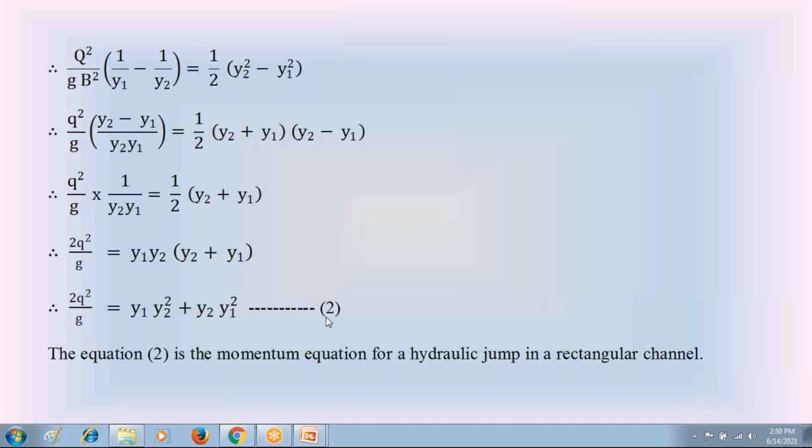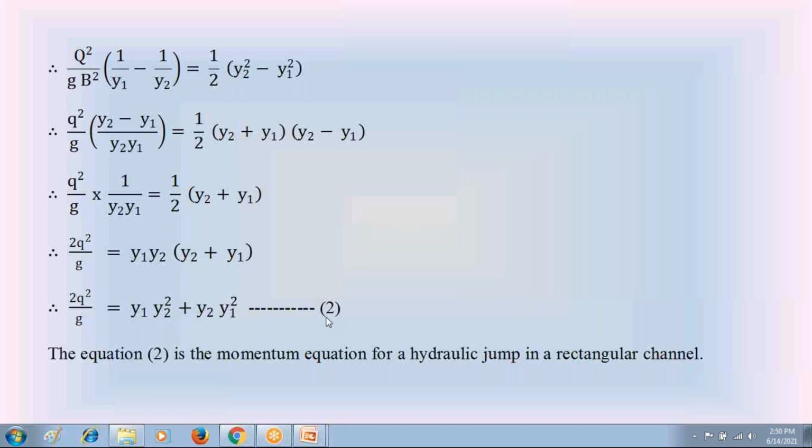If I consider y1 quadratic equation, the equation 2 is a y1 square plus b y1 plus c equal to 0. If I consider y2 quadratic equation, the equation 2 is a y2 square plus b y2 plus c equal to 0. So in either way, either the depth y1 quadratic equation or depth y2 quadratic equation, I can consider that equation 2.